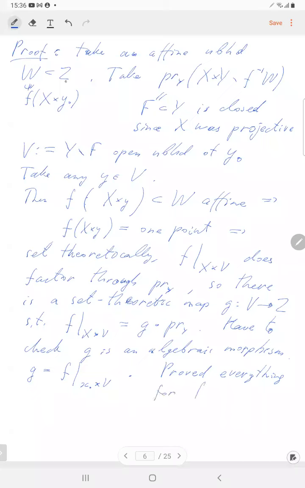But our Y was irreducible, and we started from any point, so any point has such a neighborhood.